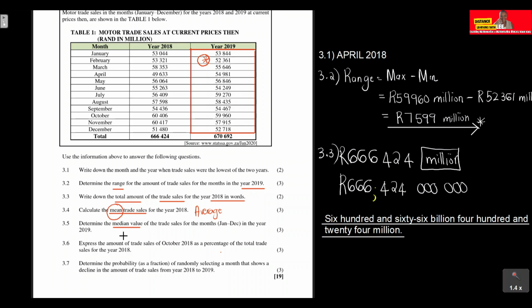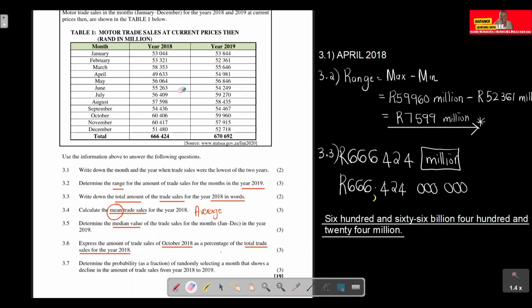So we want to look at the amount of trade sales for October 2018 as a percentage of the total trade sales for the year 2018. So this question tells you exactly what you need to do. You don't even have to panic. We already know that when you're calculating percentage, it's a particular value divided by the total from the data that you're given, multiplied by 100.